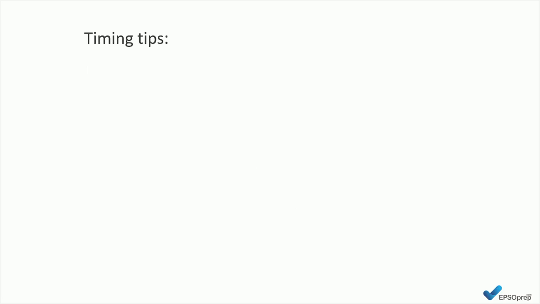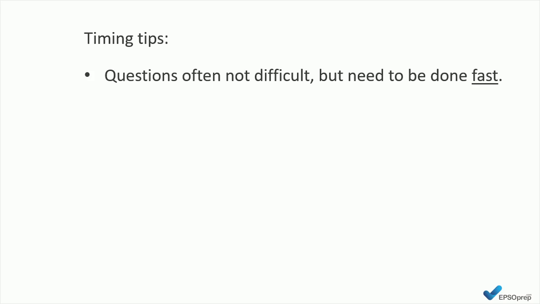So we keep talking a lot about the timing, and it is a very key element of the test. And the main thing to realize is that the questions in the test actually often wouldn't be that difficult if you were given enough time to properly process them. The trick is, of course, managing to figure out the correct answer in an average of only about 1 minute per question.